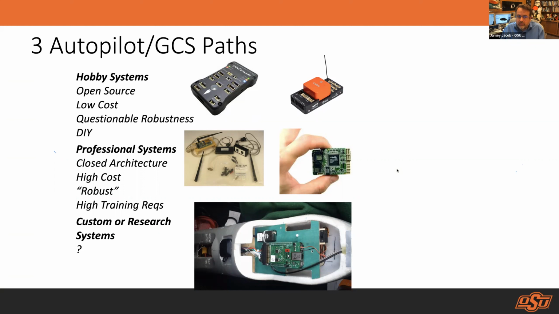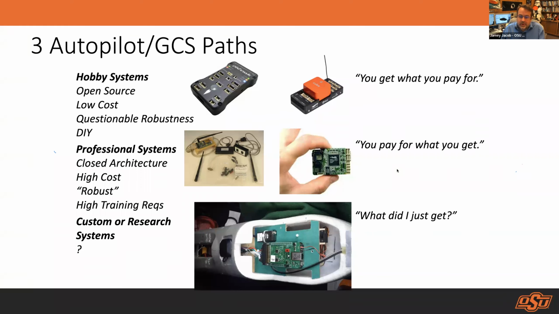Now, what I tend to think of these for each one of them is, for the hobby systems, you get what you pay for. It's relatively low cost, but they tend to have a much higher failure rate than the professional systems, which cost a lot of money. So you pay for what you get. And of course, if you're building your stuff yourself, you're never quite sure what that's going to look like until you go through lots and lots of testing.